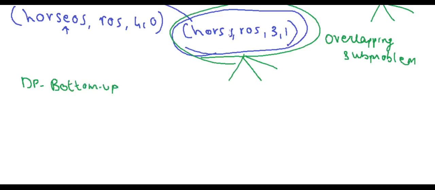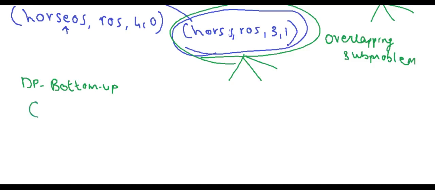We already have a recursive solution, and to convert that to a DP solution, you can never write a DP solution without a recursive solution. So you need to have a recursive solution, and once you have it, you just convert it to DP. You can never write a direct DP solution.